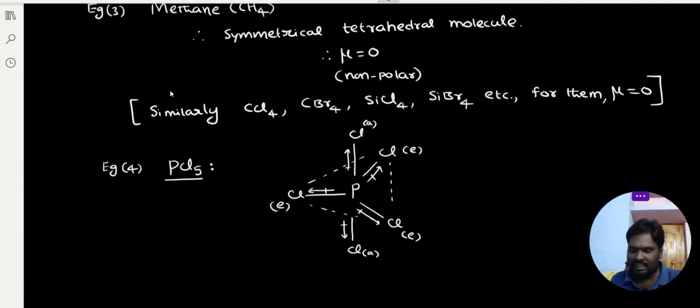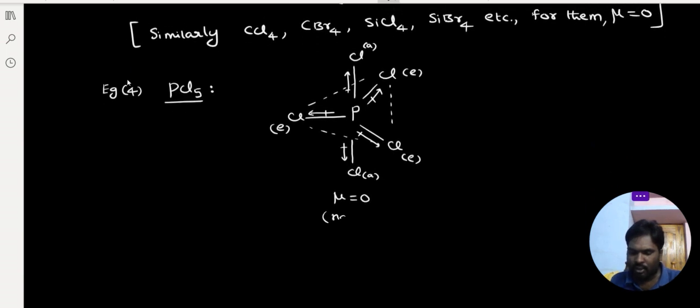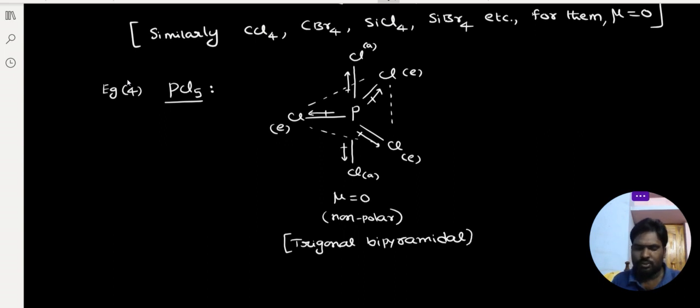That's why the resulting dipole moment is 0. Mu value 0 means non-polar molecule. So the shape is trigonal bipyramidal, dipole moment 0, non-polar molecule.